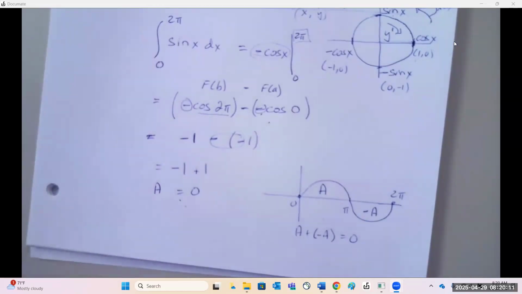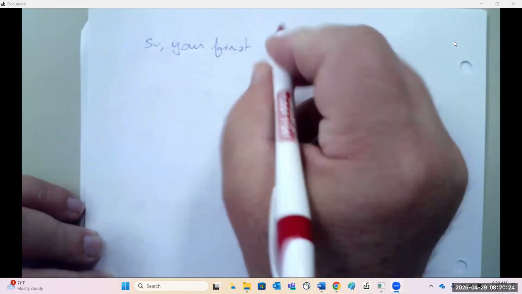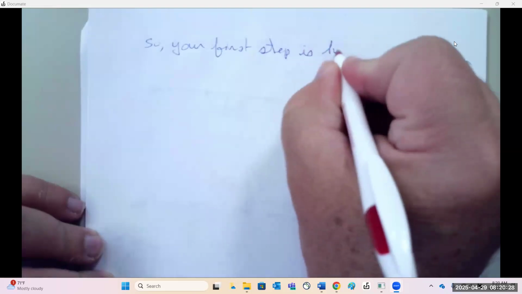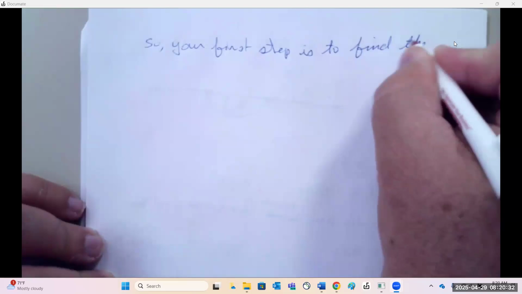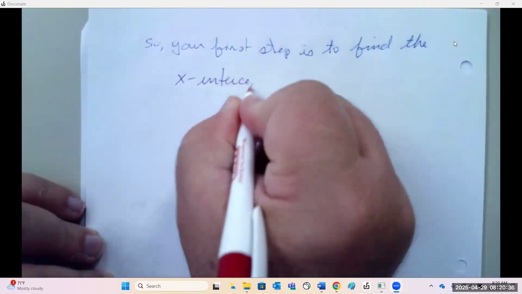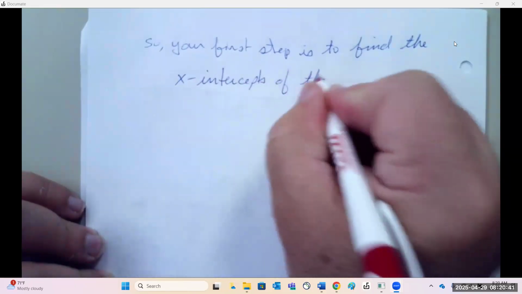So the first step is to find the x-intercepts of the function.